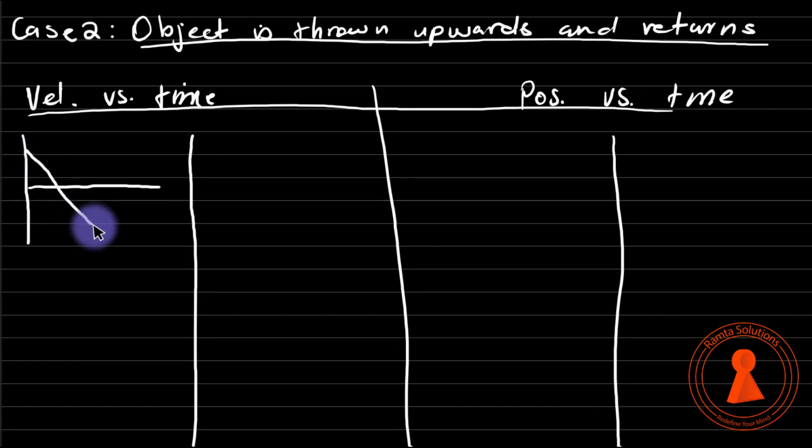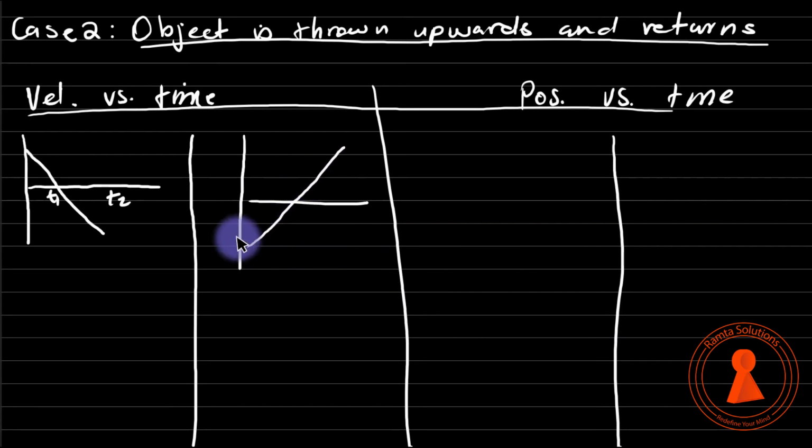Remember, we had what we call time symmetry, T1, T2. And here we have also T1 and T2. So T-axis, V-axis. Alright, so this was when upwards was chosen to be positive. This is when downwards was chosen to be positive.